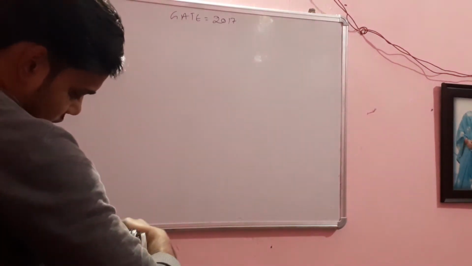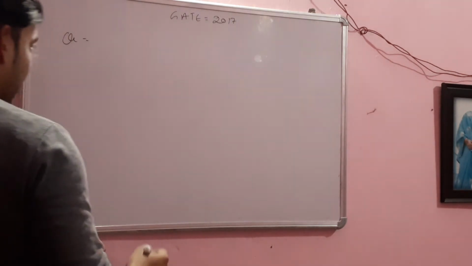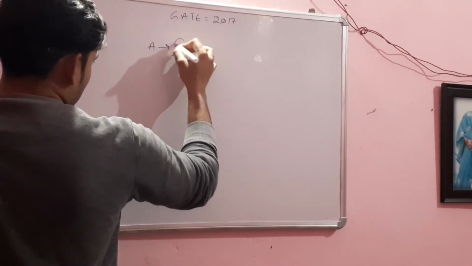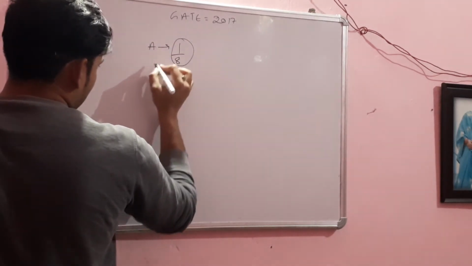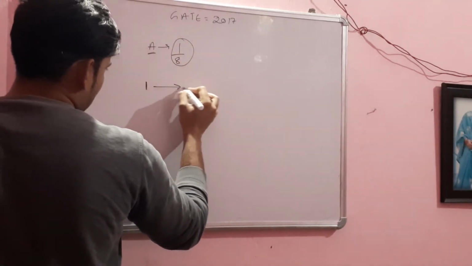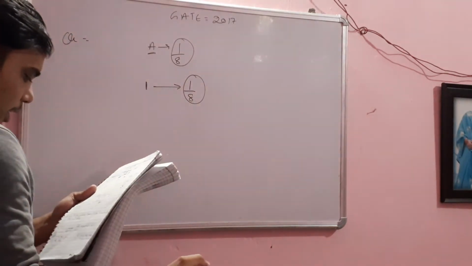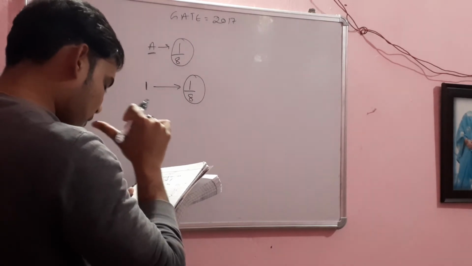So what is that question? The question says that when a compound A decays from initially, let's say, 1, it remains 1/8 in 15 days.